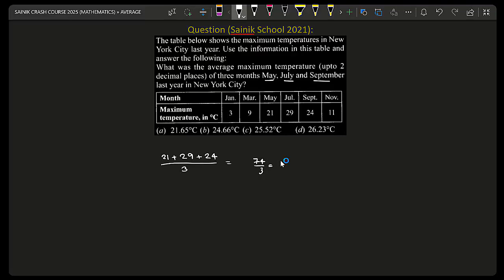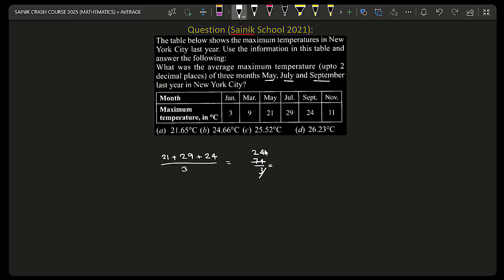Divide. 3 twos are 6. 7 minus 6 is 1. 1 and 4 becomes 14. 3 fours are 12. 14 minus 12 is 2. After the decimal, 2 becomes 20.